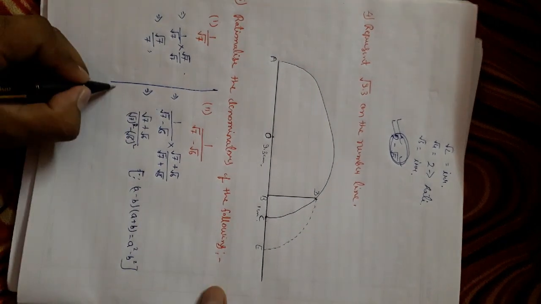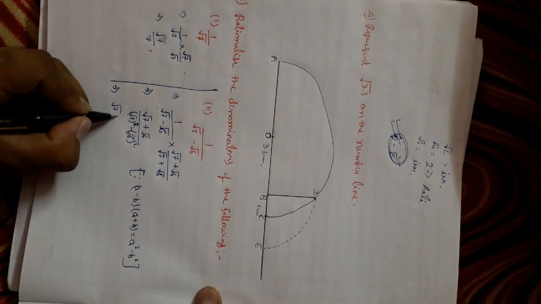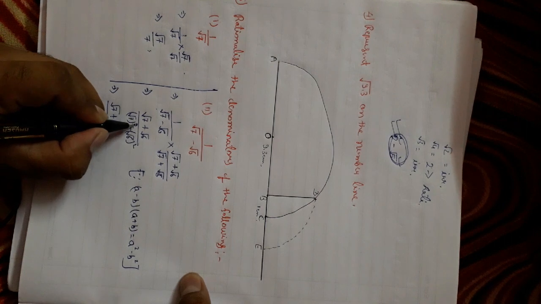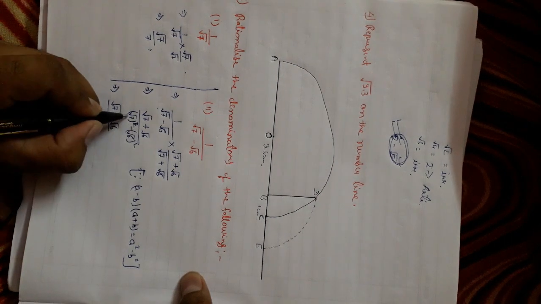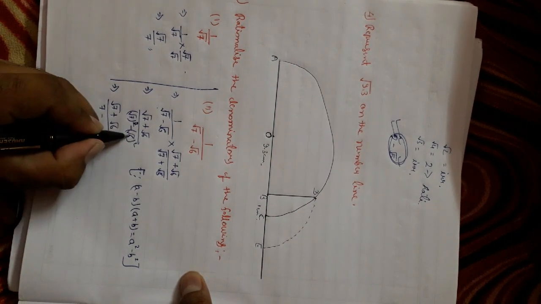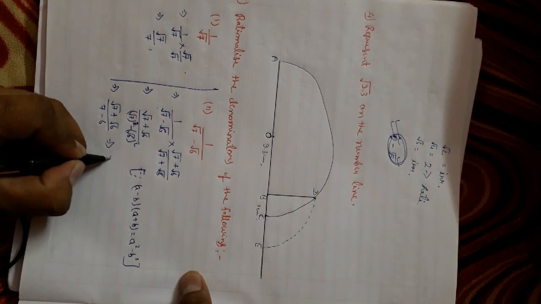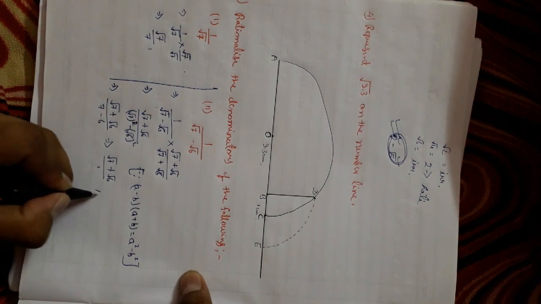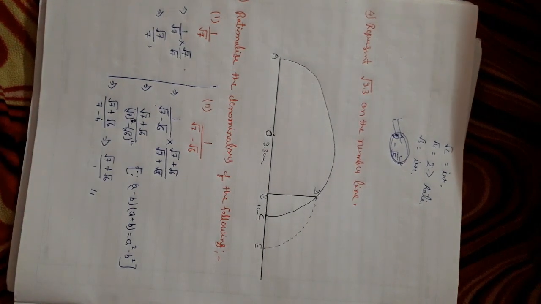So we can use this identity here. On the numerator, root 7 and root 6 can be written as it is, because we cannot solve it further. Upon root 7 square becomes only 7, root 6 square becomes only 6. So root 7 plus root 6 as it is, upon 6 minus 7 is 1. So our final answer is root 7 plus root 6.